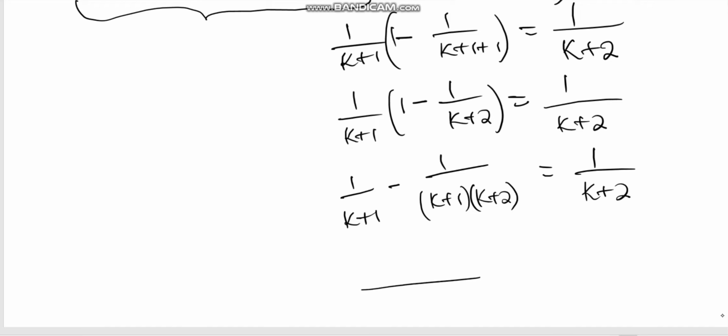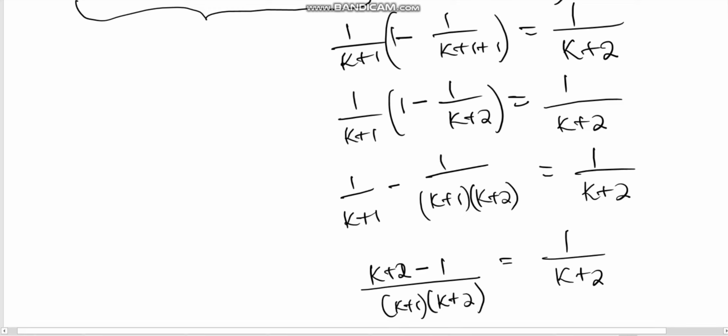So this side, our common denominator, k plus 1, k plus 2, like this. Then this here into this, we're simply just going to have k plus 2 minus 1 multiplied by 1, being equal to 1 over k plus 2 like this here.